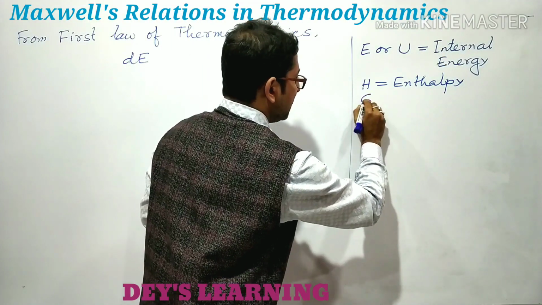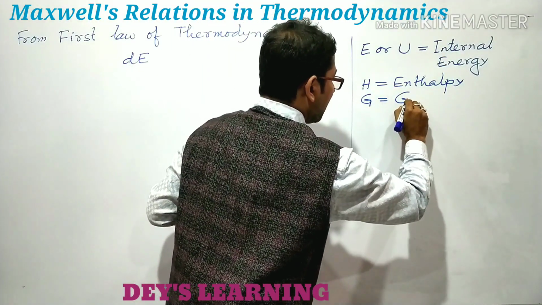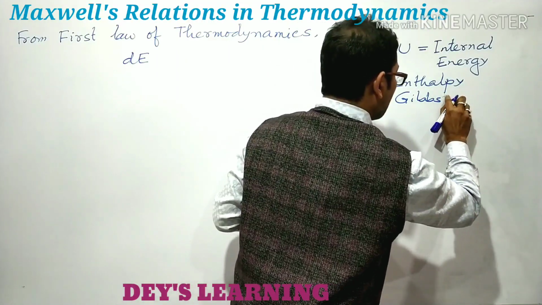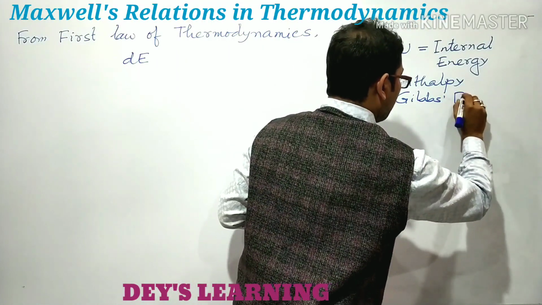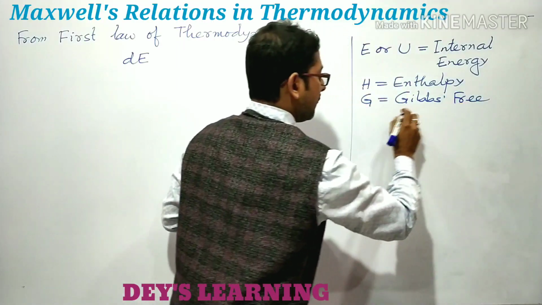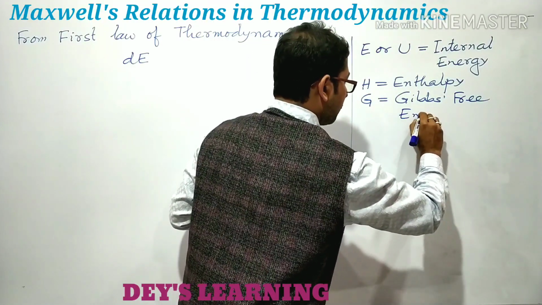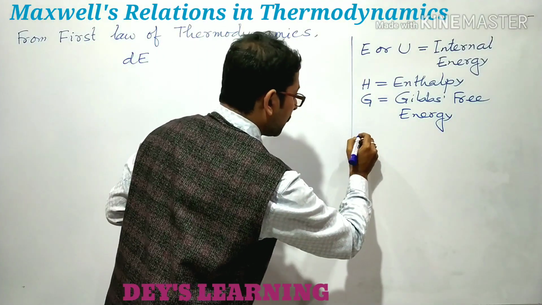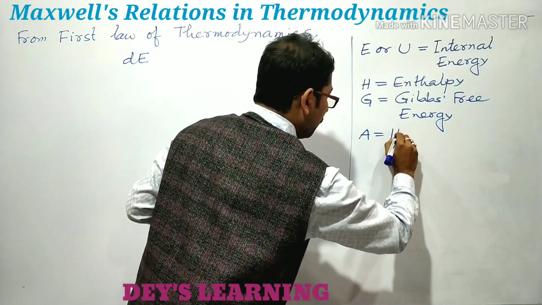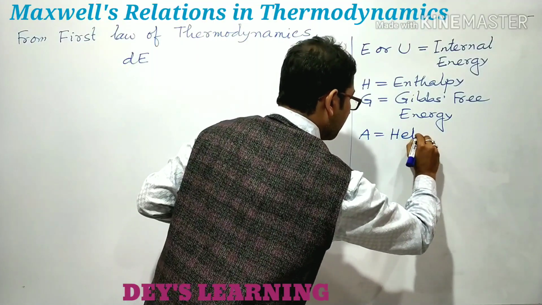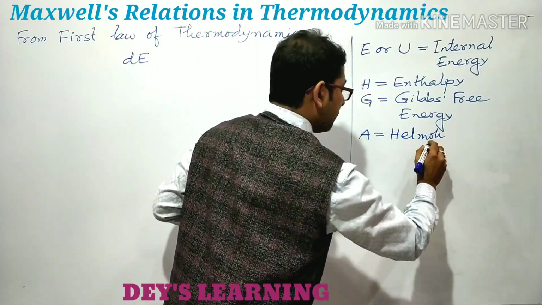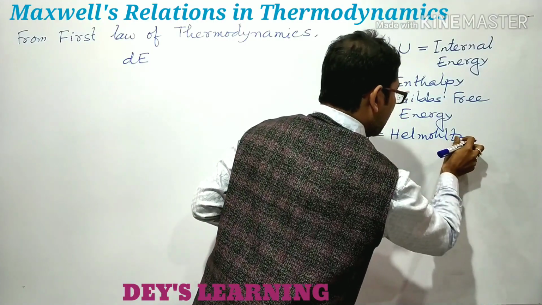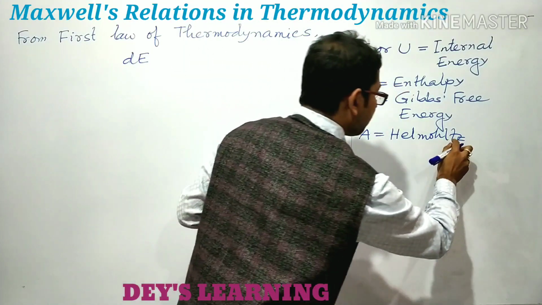Next, G, which is known as Gibbs free energy. Then A, which is known as Helmholtz free energy.